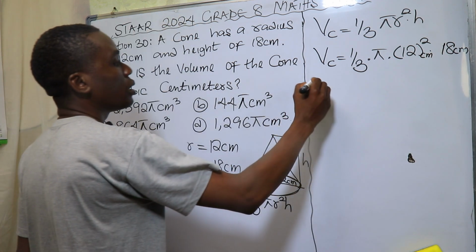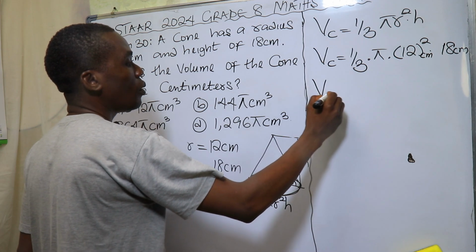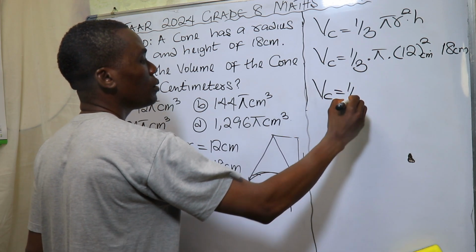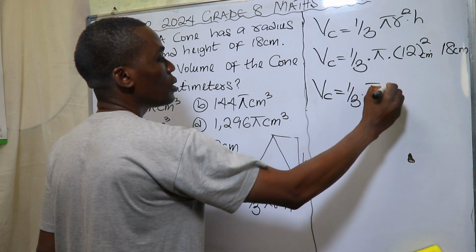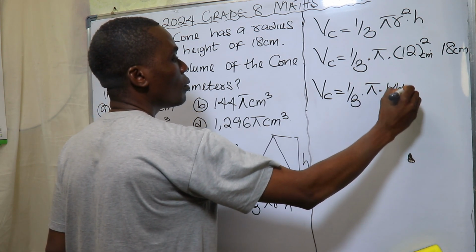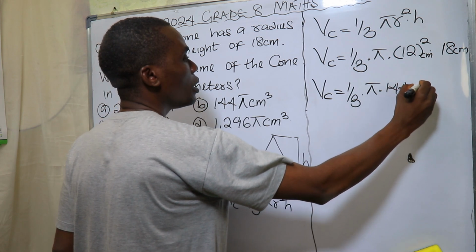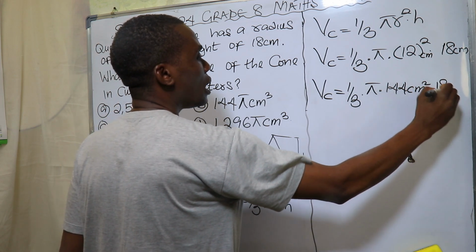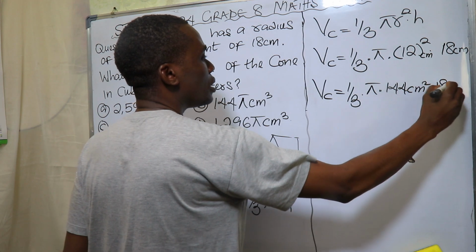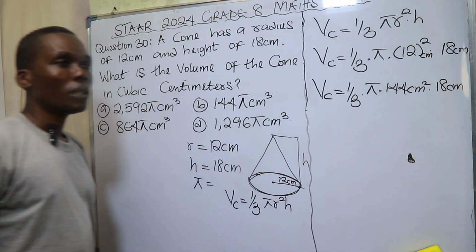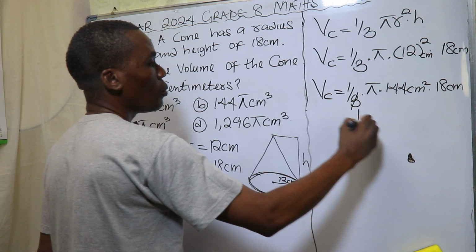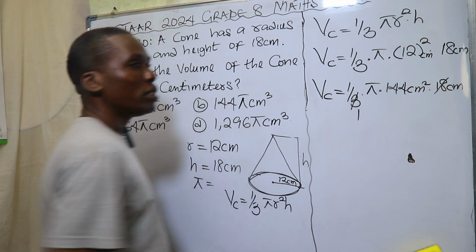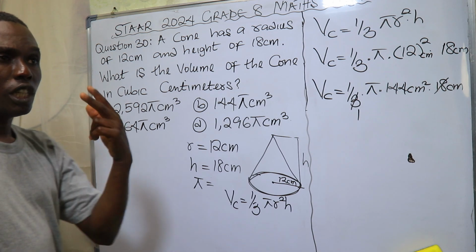The volume of the cone will be equal to one divided by three multiplied by pi, multiplied by 144 centimeters squared, multiplied by 18 centimeters. Now let's simplify: 18 divided by 3.